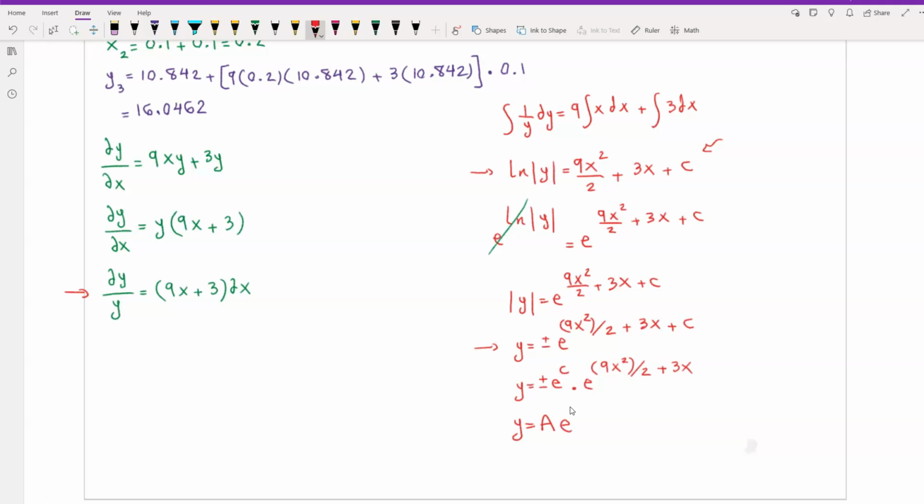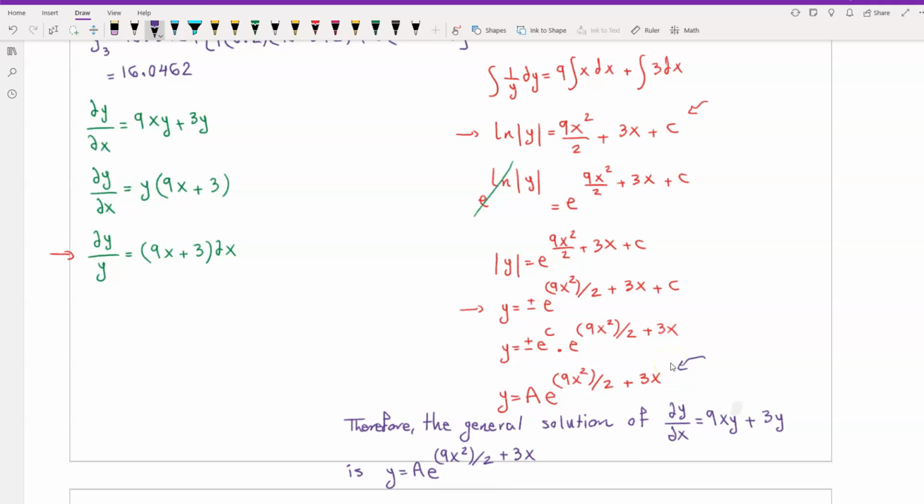Then we're gonna have e power 9x squared divided by 2 plus 3x. So this is the general solution of dy over dx. And that is y equal to a times e power 9x squared divided by 2 plus 3x.